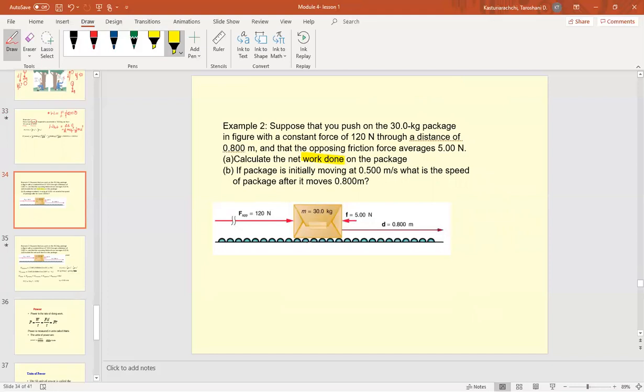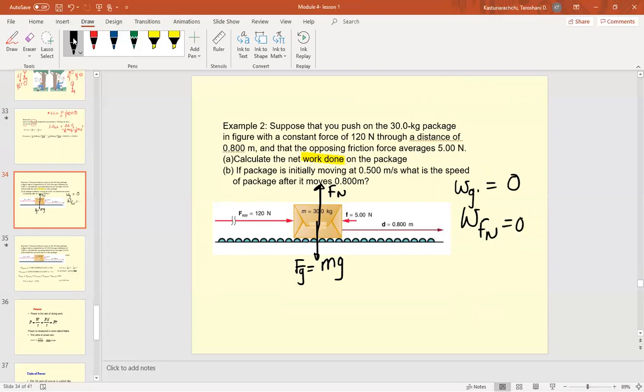In addition to the applied force and the friction, I do have the gravitational force mg, and I do have the normal force, but they are not doing any work. Work done by gravity is 0. Work done by normal force is 0.